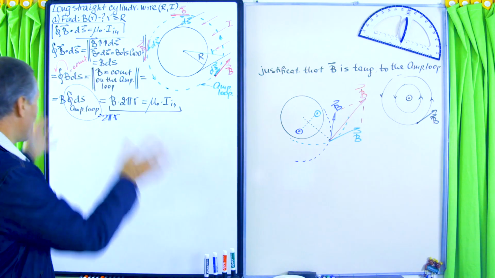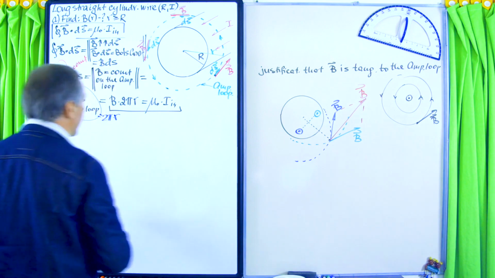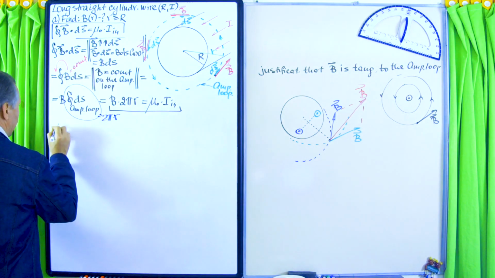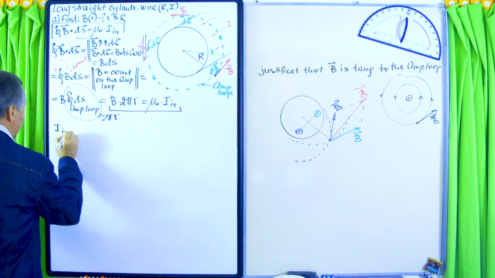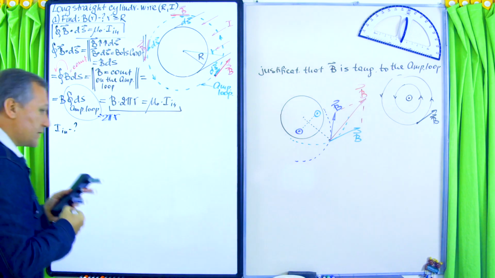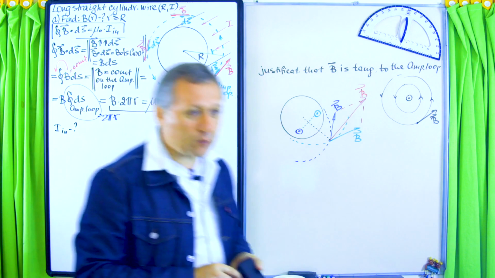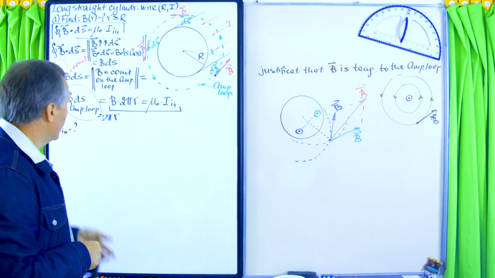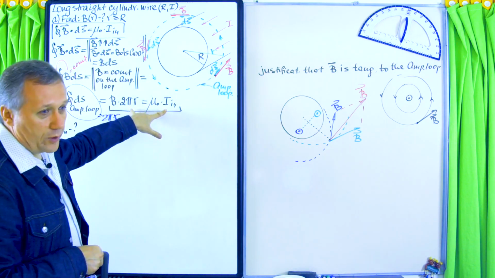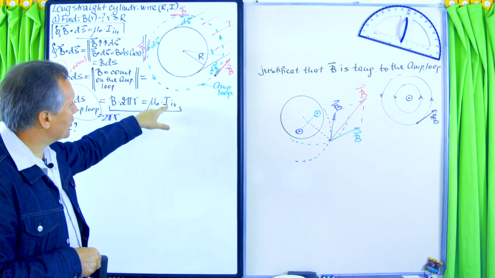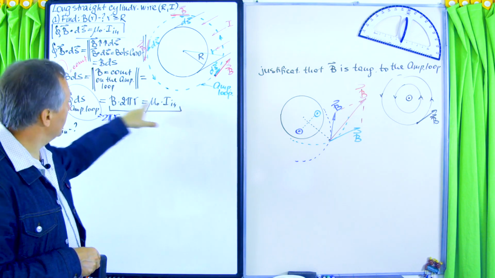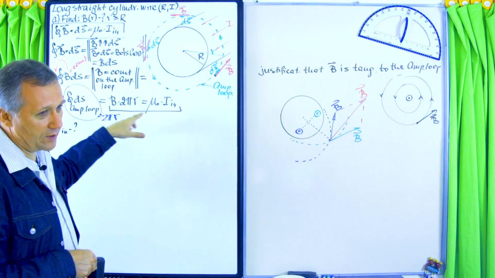Okay, so now back to I enclosed. Now we need to find I enclosed. Again, usually at this point I ask, so guys, find the enclosed current. And some students, like with Gauss's law, at this point just take this expression and solve for I enclosed in terms of B. They just move mu naught to that side.